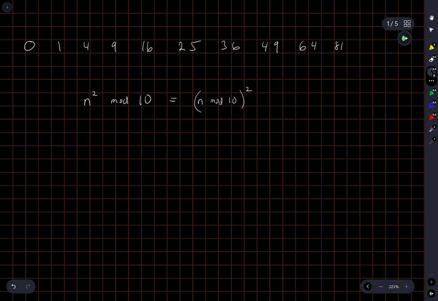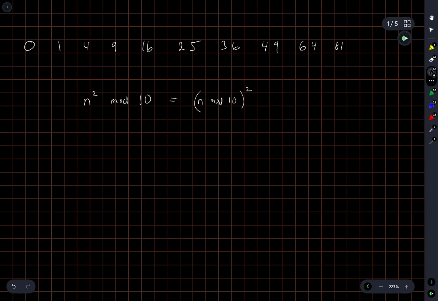This is not standard notation for this kind of thing, I don't think. But you can interchange the role of addition, multiplication, and taking a mod with respect to any number. So yeah, I have all my numbers mod 10 here, and I've squared them.